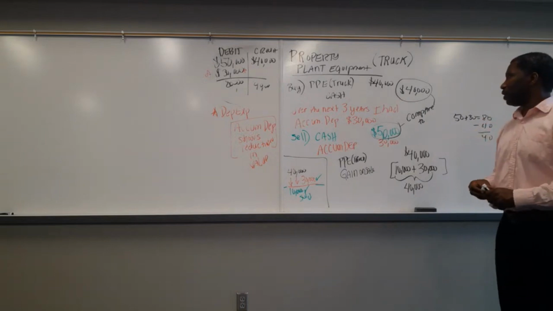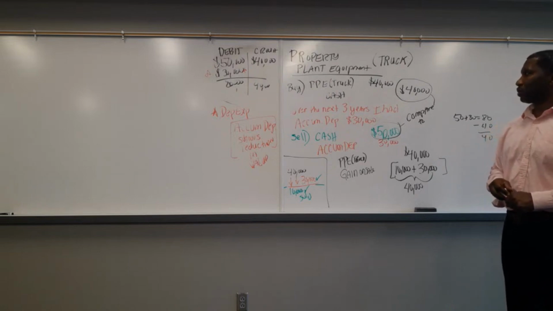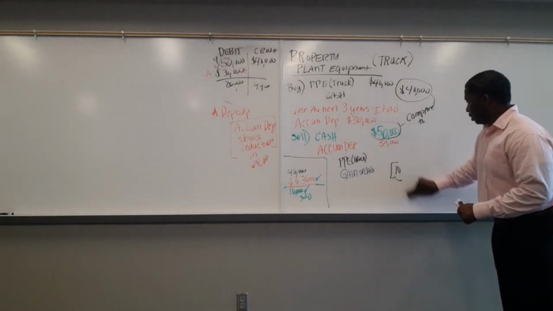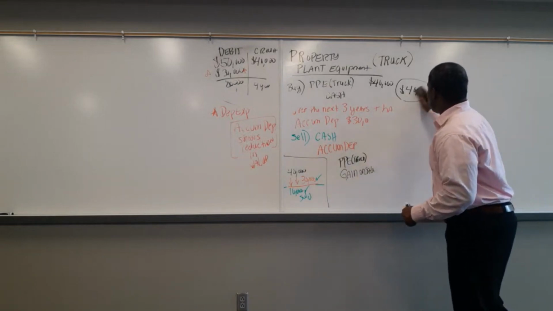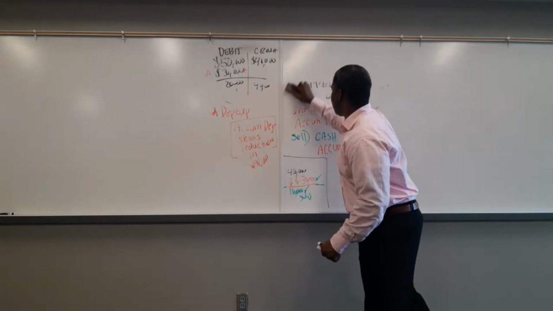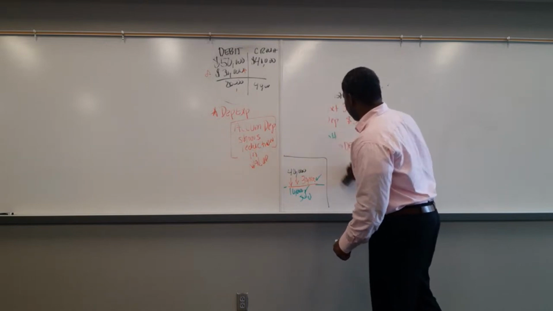Just make sure we don't have any questions, and then we're going to go into another phase. All right. And you can pretty much just lay that journal entry beside whatever you're doing in terms of selling, and you're going to pretty much get that, okay?